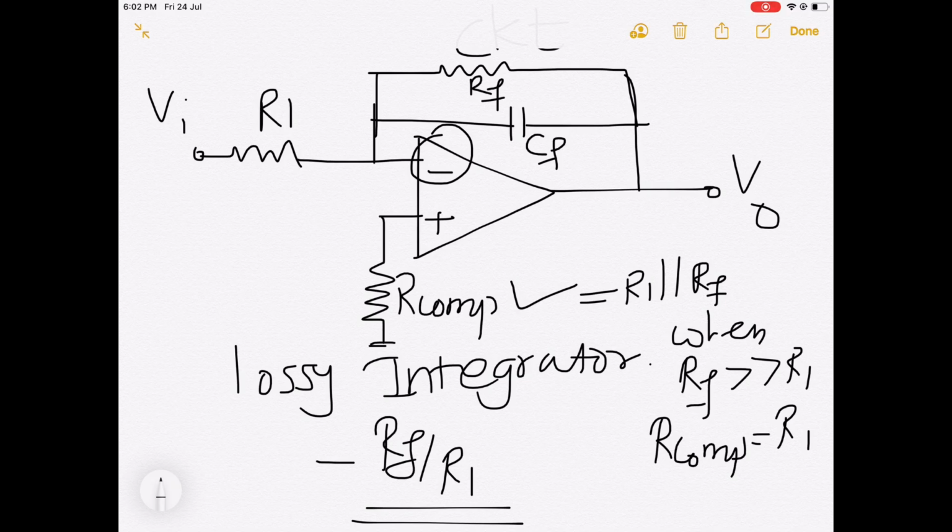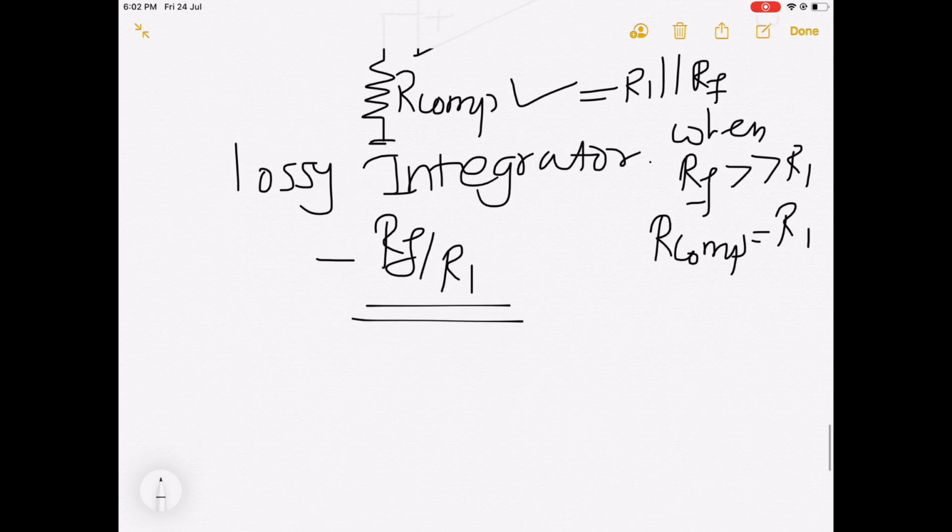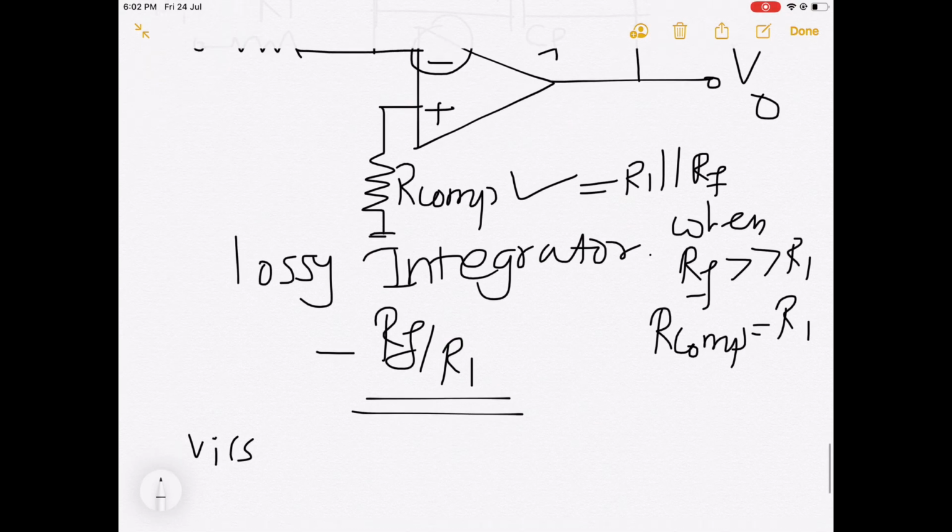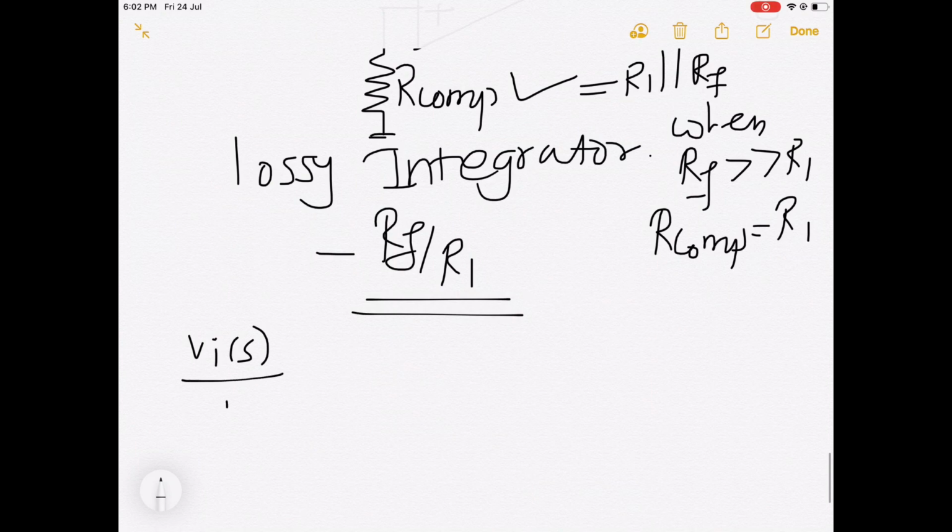So at the inverting terminal of op-amp, the nodal equation can be written. Okay. So here at the inverting terminal of op-amp, suppose Vi of S is the input voltage, divided by R1.